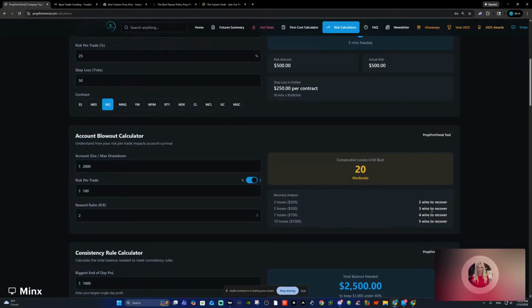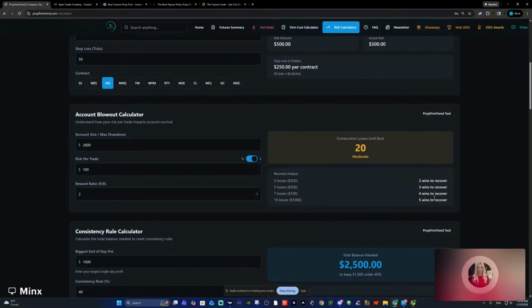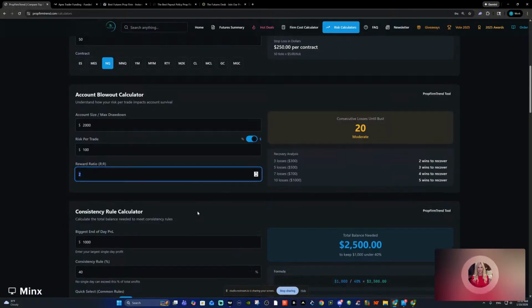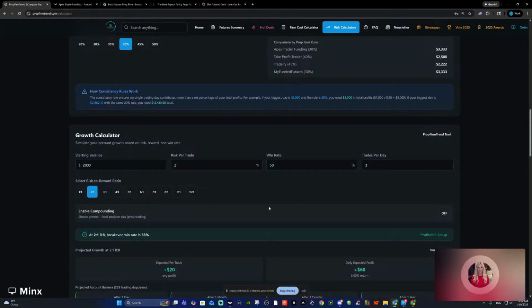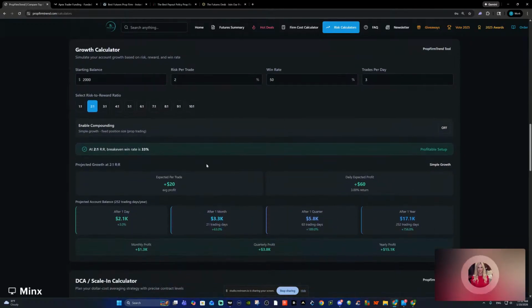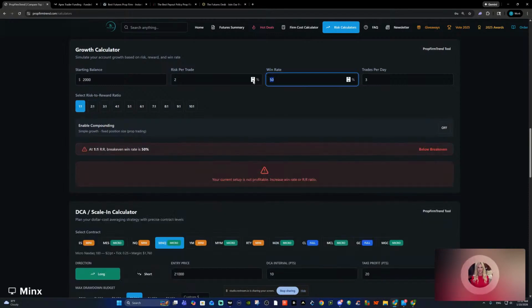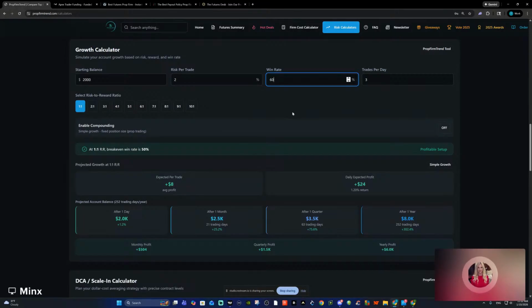Here it's going to tell you how many times you need to win to recover, and this is if you're doing a reward ratio of 2 to 2. But you can go in here and play with these risk calculators. Is your win rate typically 60%? How many trades you take, what you're willing to risk per trade, whatever it is.